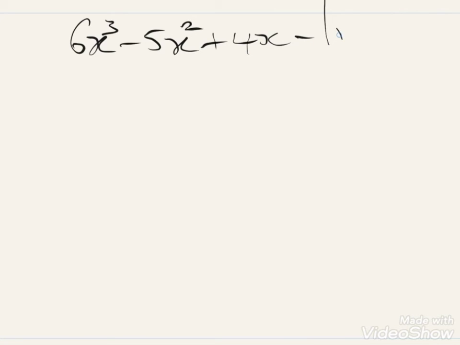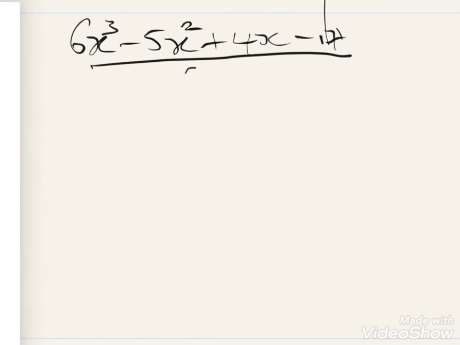Now, suppose we have 6x raised to the power 3 minus 5x squared plus 4x minus 17, divided by x minus 3.